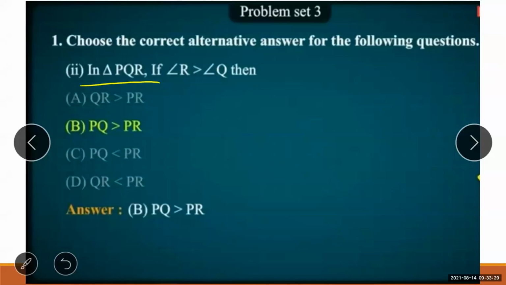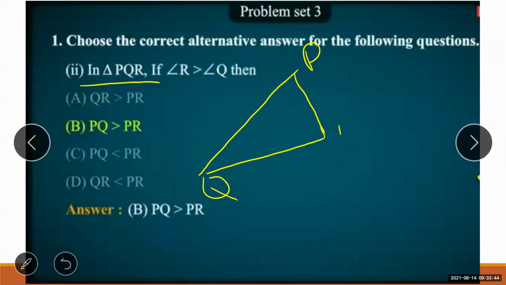The triangle PQR is given, and angle R is greater, so I will draw it like that. Here are angles P, Q, and R. What is the condition? Angle R is greater than angle Q in the diagram. That is the condition.